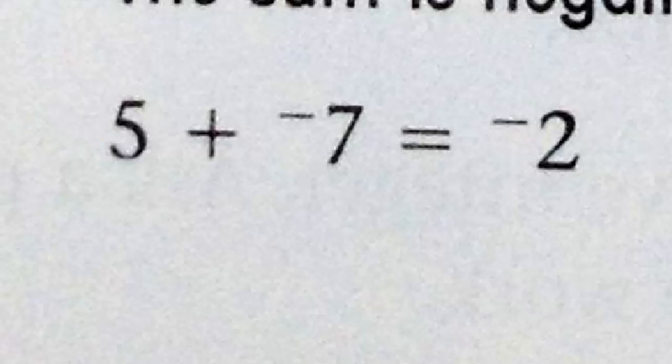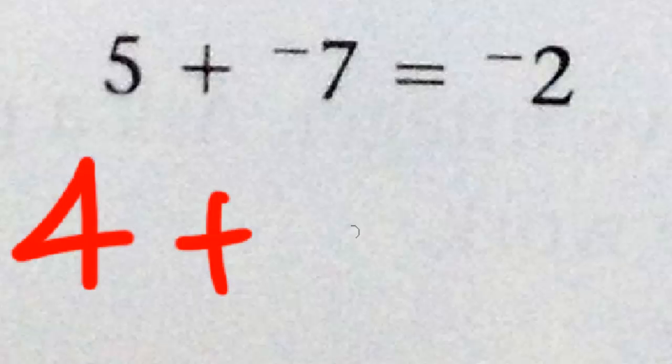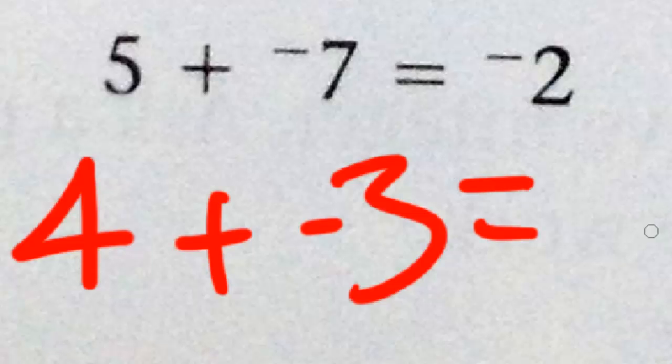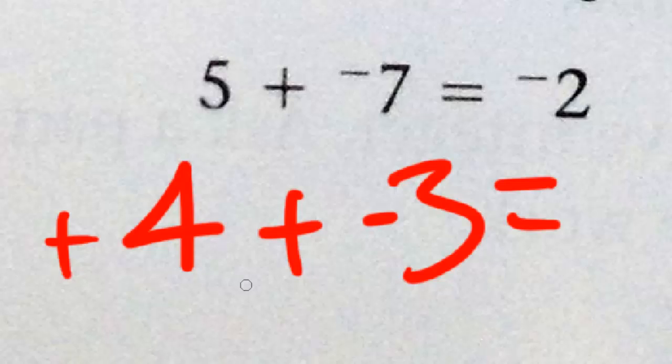So for example, if we're doing 4 plus negative 3, I know that this 4 is positive because it's just sort of implicit, or understood.